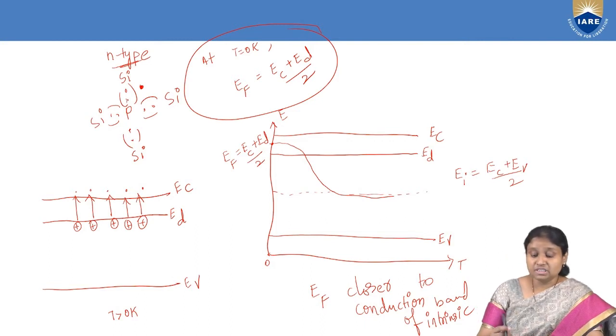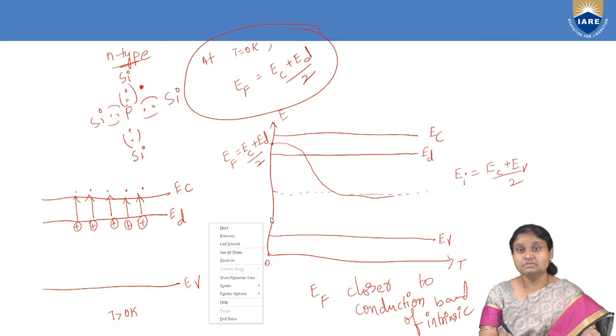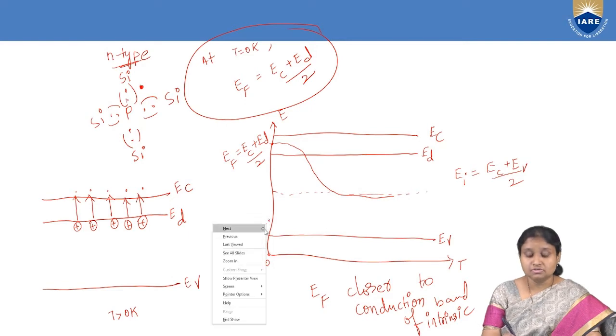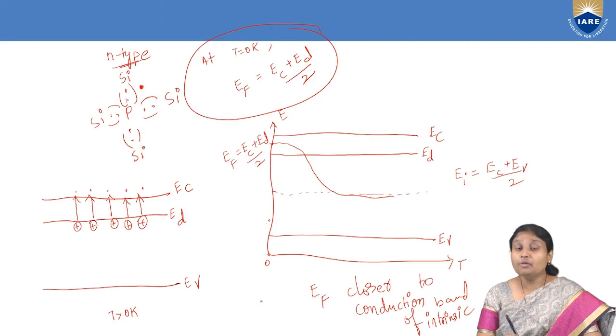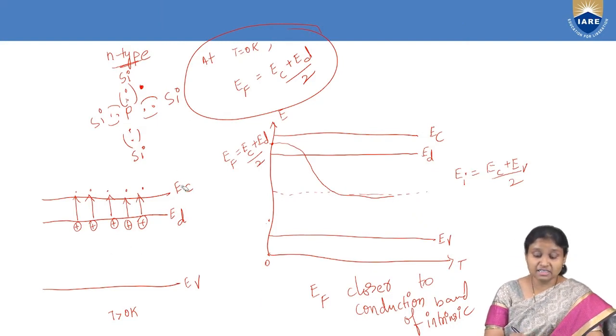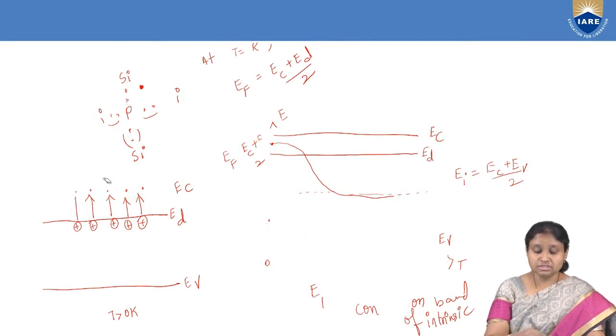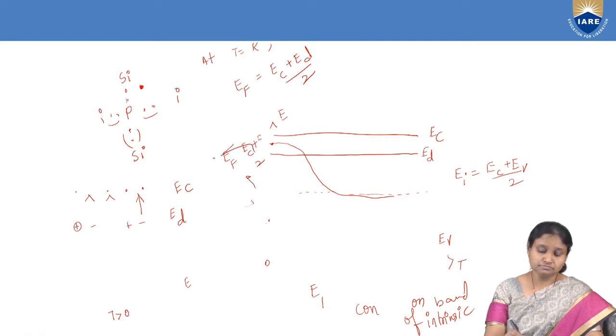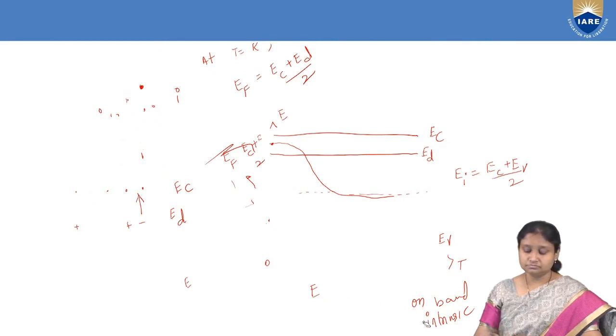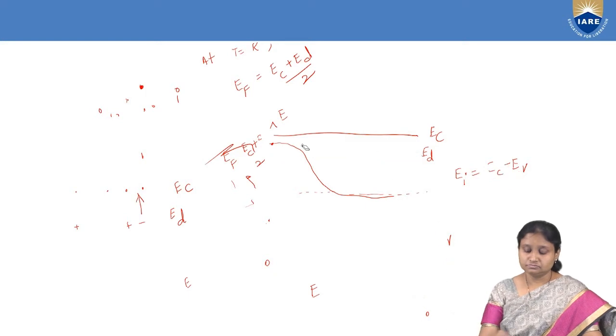Now we are going to see what happens once we form a p-n junction. What will our energy level diagram be?